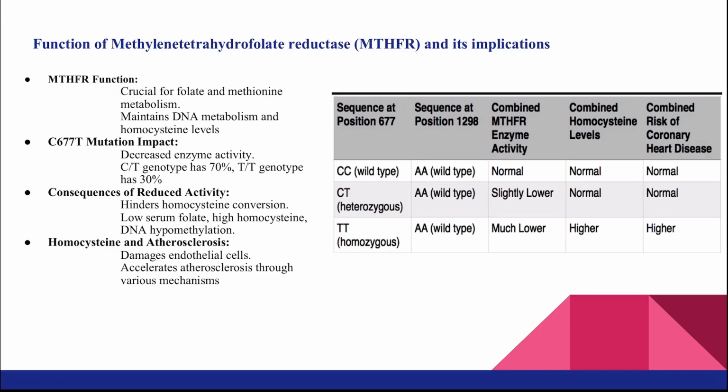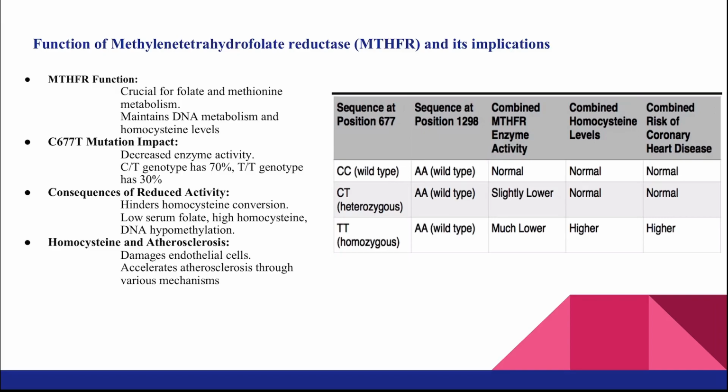With the heterozygote CT genotype, the decrease is much less, and 70% of the enzyme activity is preserved. While in the case of the homozygous TT genotype, the decrease in enzyme activity is much higher, and only 30% of the enzyme activity is preserved.